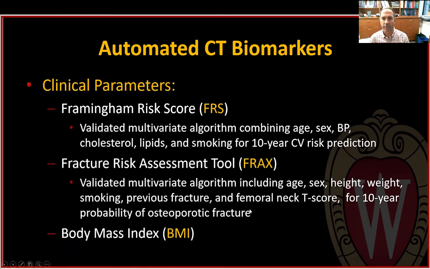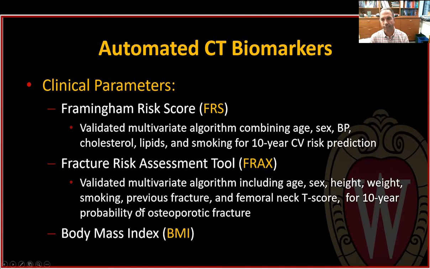of those fragility fractures. We also compared to the established clinical parameters, things like the Framingham risk score, which combines a lot of different factors in a multi-variable approach. I've listed some of them here. You have to punch these things in all manually per patient to get these 10-year risk predictions, similar with the FRAX tool that some of you may be familiar with.